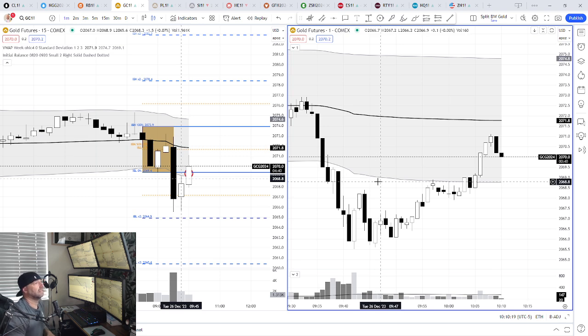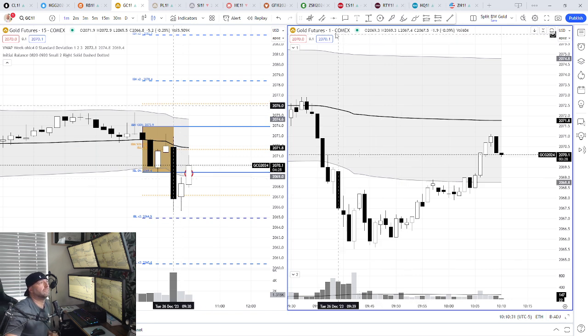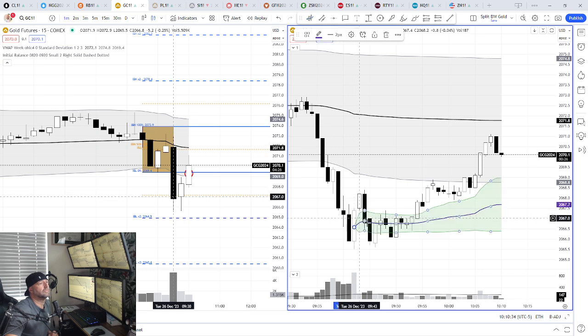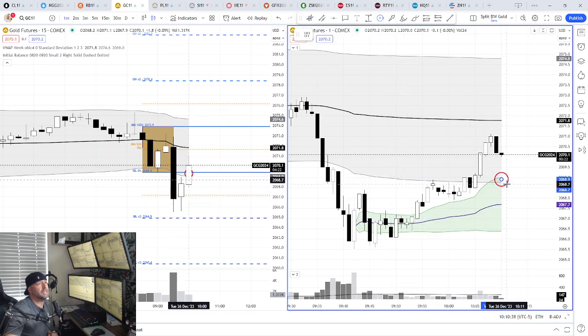So we still have that value area high confluence from the low anchored VWAP to the value area low on the session. So that's a good area to watch. This, the 68.9 level, 68.8, 68.9. Yeah, I see that. Exactly.